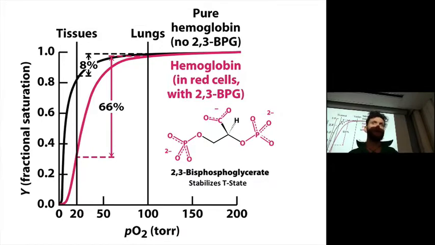That should make sense from a physiological standpoint. And this is all because of allostery, right? The cooperativity in binding of subsequent oxygen molecules to each of the four subunits in hemoglobin.